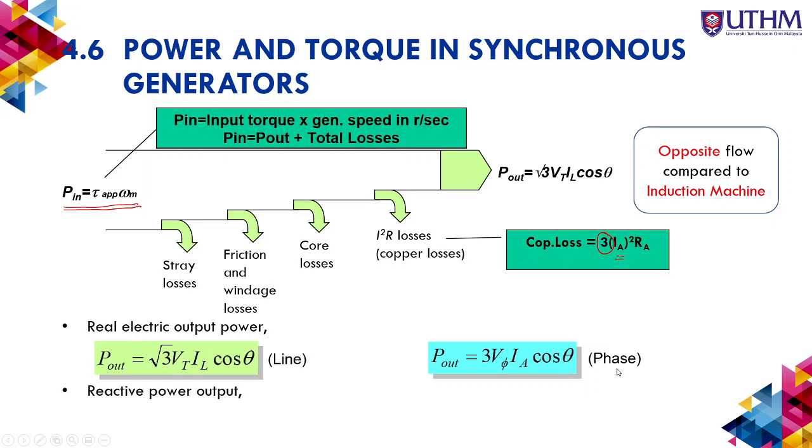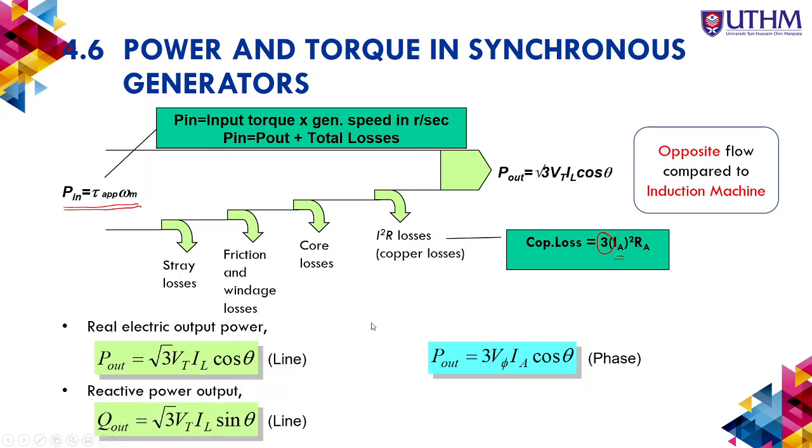You can try the conversion earlier. If it is Y connected and also delta connected, you will get the same equation. The difference is only the relationship between Vt and V phase, and also IA and IL. So what is the relation? You try changing the relation and you will get it.